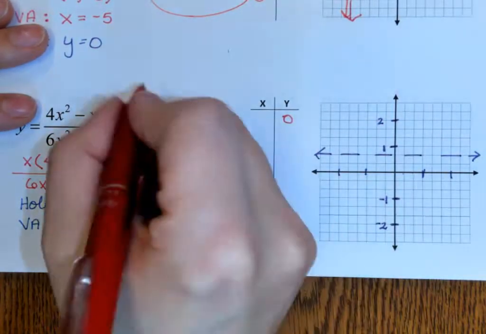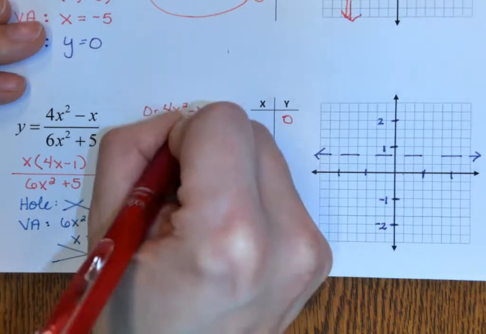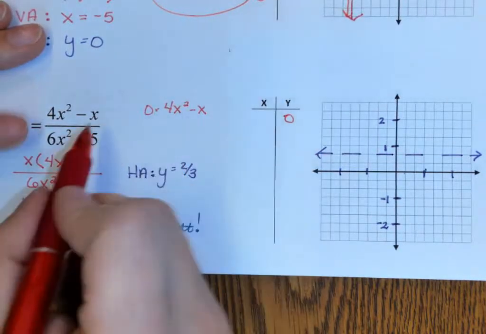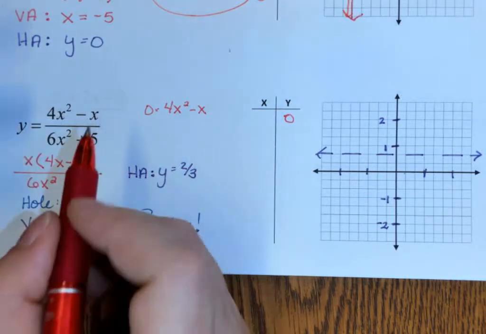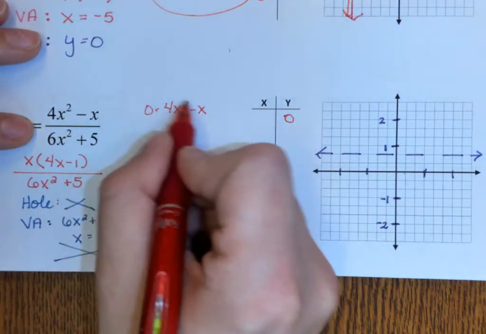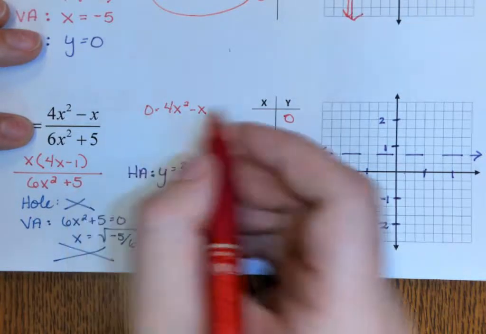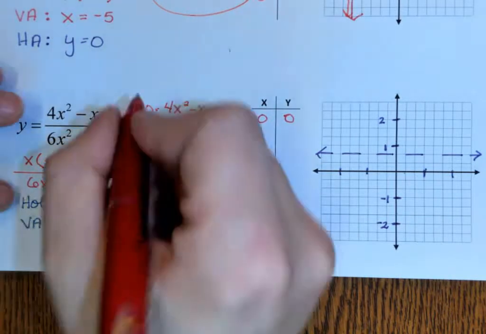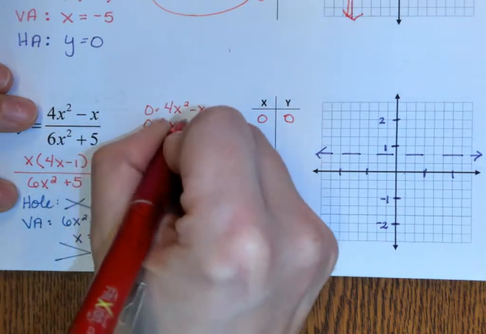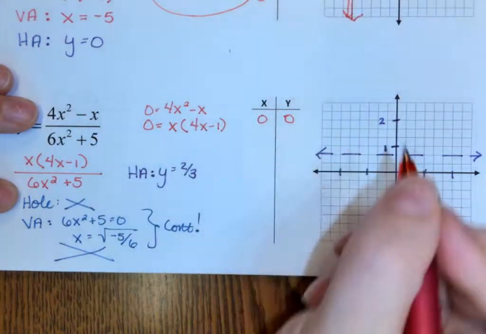Set y equals 0. So I'm going to have 0 equals 4x squared minus x, because if I multiply both sides by that 6x squared plus 5, that's times 0. It just goes away. What makes this 0? You can think about that in factored form: x times (4x minus 1).